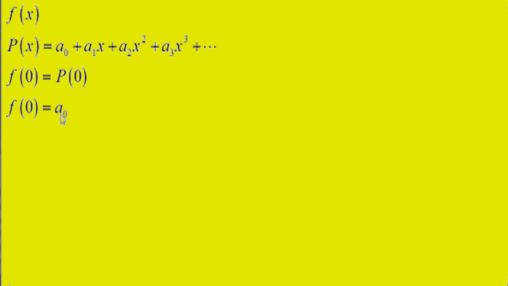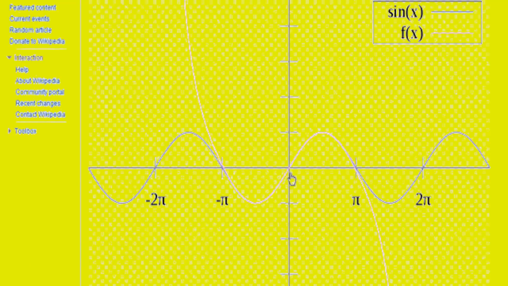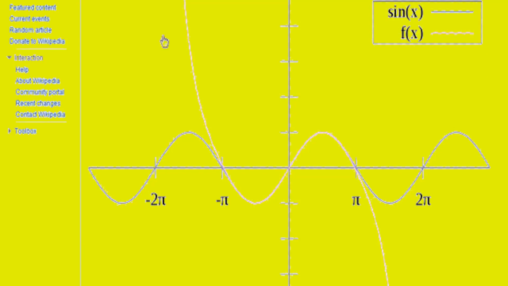Our next leap of logic is, if these functions behave the same around a certain point, then it makes sense that their derivatives also behave the same way. If we go back to this picture, the slope of the tangent line at 0 is the same for both the pink and the blue line.